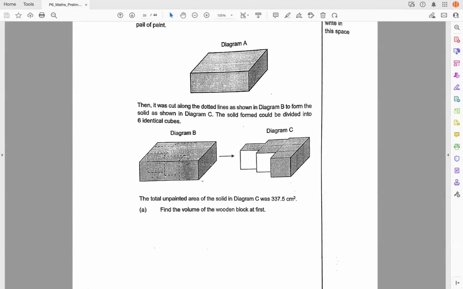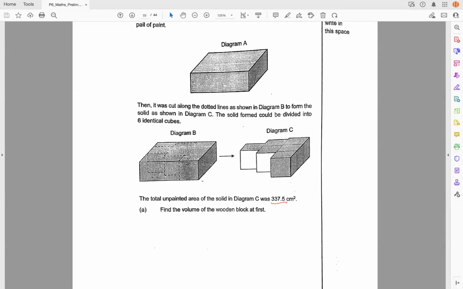The total unpainted area of the solid in diagram C is 337.5. Find the volume of the wooden block.